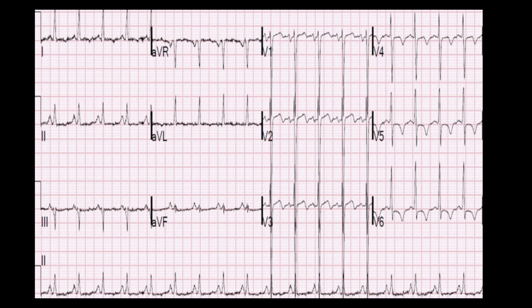Let's look at the P wave in this example here. So it appears upright in lead 2, which is good. That's going to help us identify sinus rhythm. There's a P before every QRS and after every QRS. We can also evaluate the P wave to help us describe any sort of atrial enlargement.